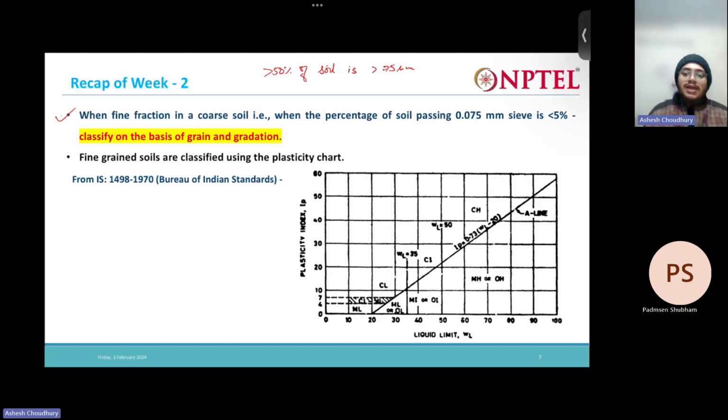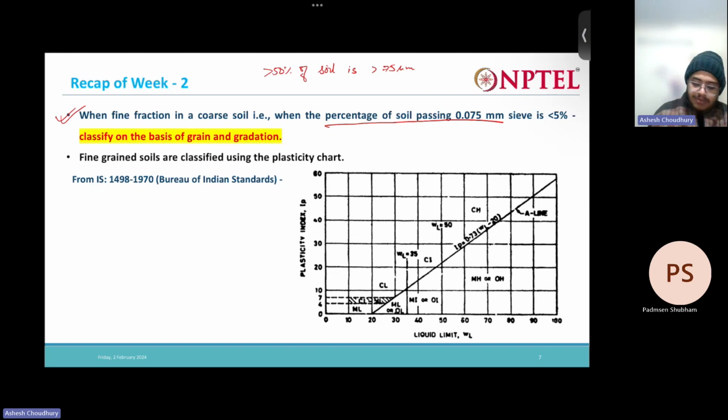Whenever I say fine fraction, it means soil passing the 75 micron sieve, that is, soil size lesser than 75 micron. If the fine fraction is less than 5%, then we classify on the basis of grain and gradation.